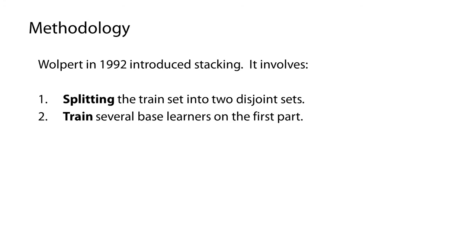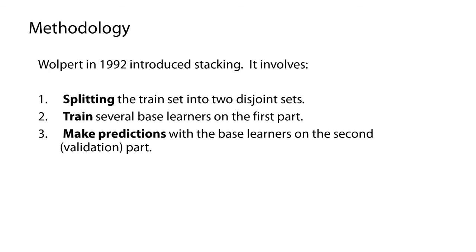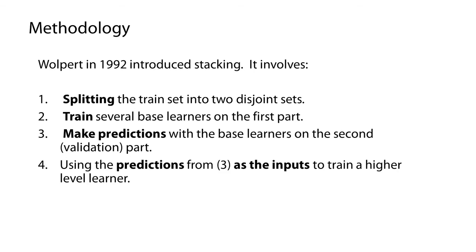We can call the first one train, the second one validation. What we do is we take the first data set and we fit various models. So various machine learning models like regression, random forest, it doesn't matter what it is. And then we use these models and we make predictions on the second part. Now we take all these predictions, we put them together, and we form a new data set.